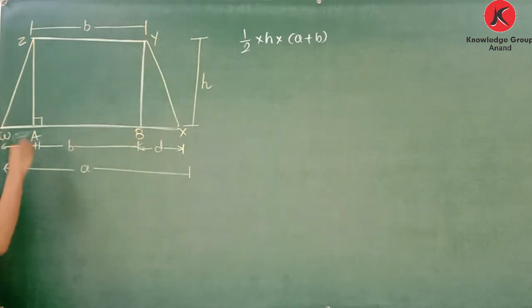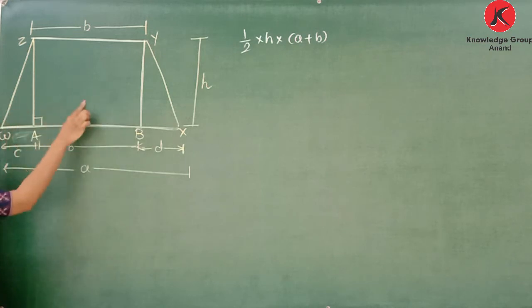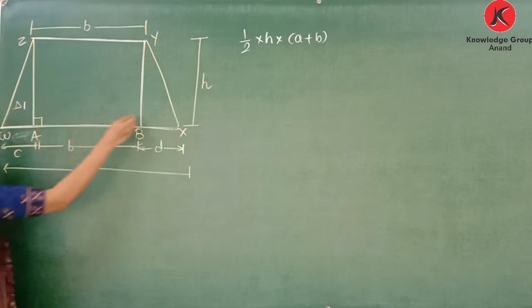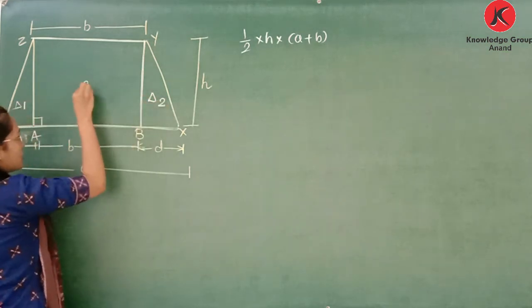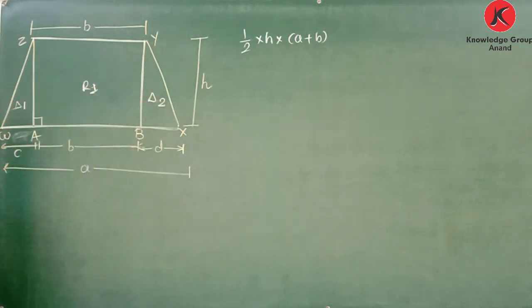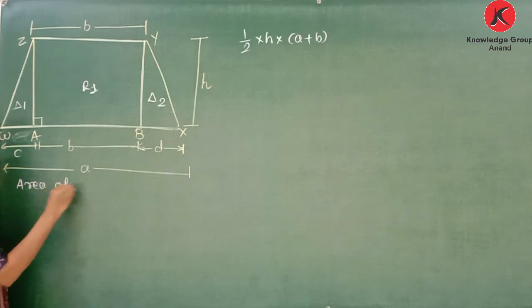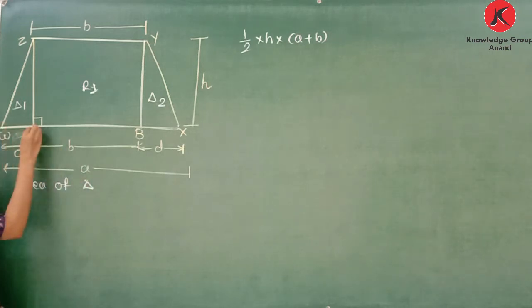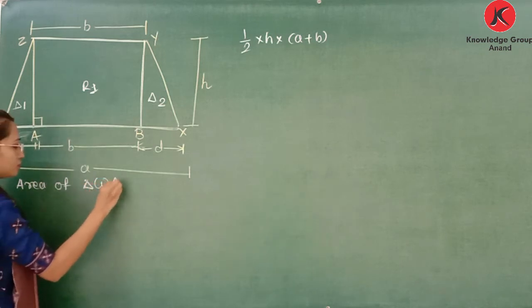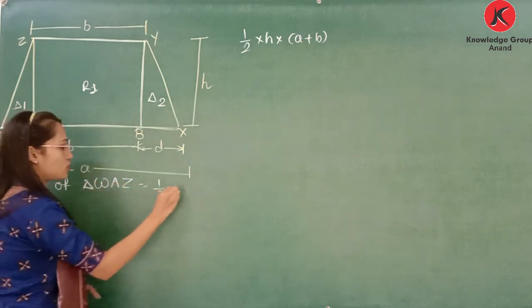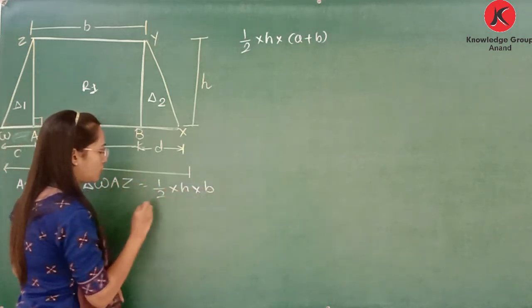To derive the equation, we divide this trapezium into two triangles and one rectangle. This is triangle 1, this is triangle 2, and this is the rectangle. First of all, we will derive the area of a triangle. Area of triangle WAZ is 1 by 2 into height into base.